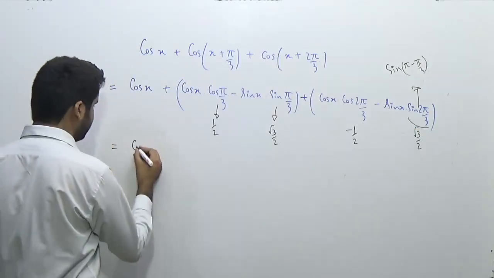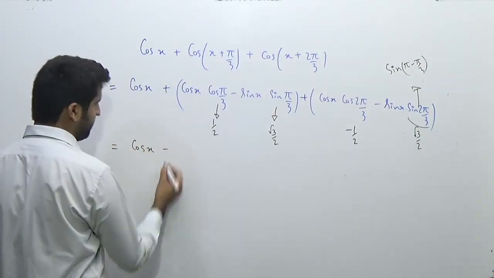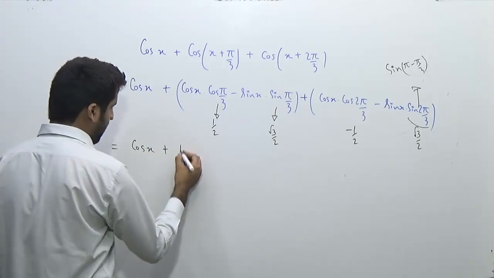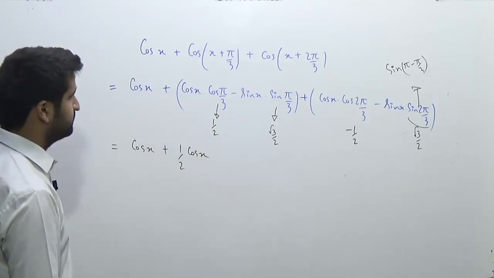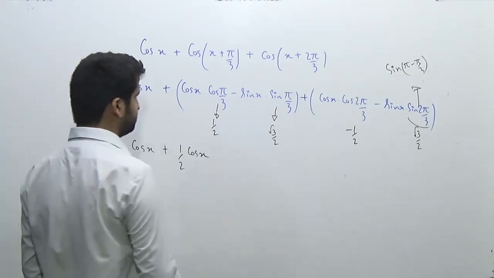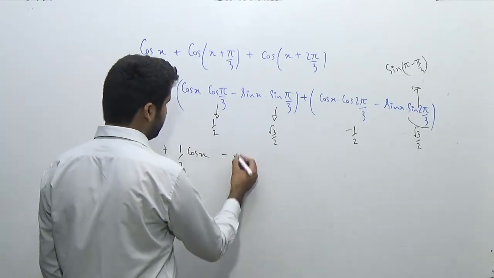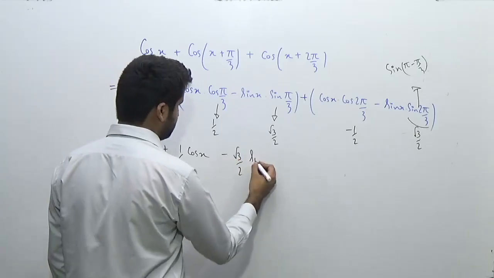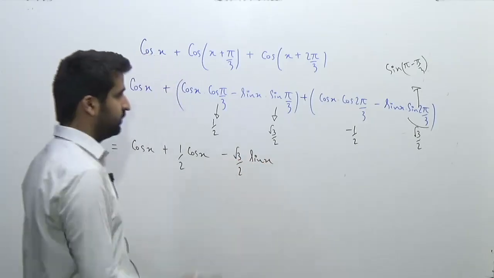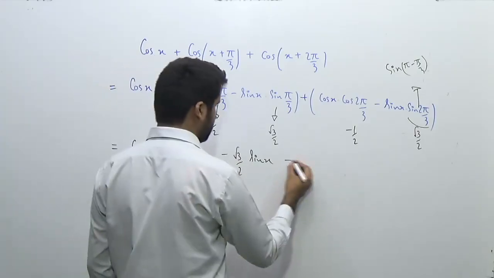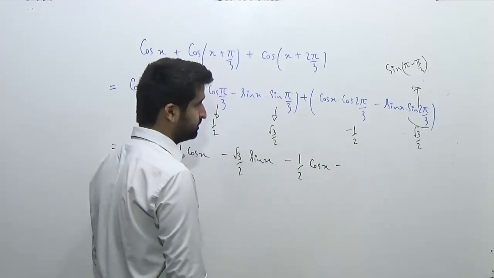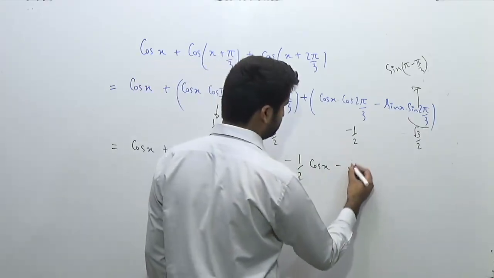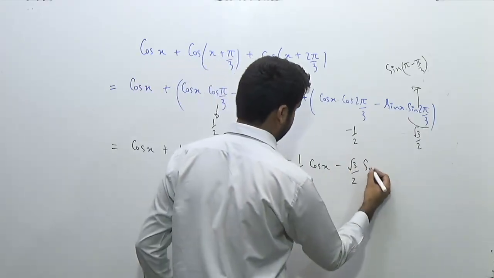So if we simplify this, this will be cos x plus half of cos x minus root 3 by 2 sin x. And this value is minus half cos x minus root 3 by 2 sin x.